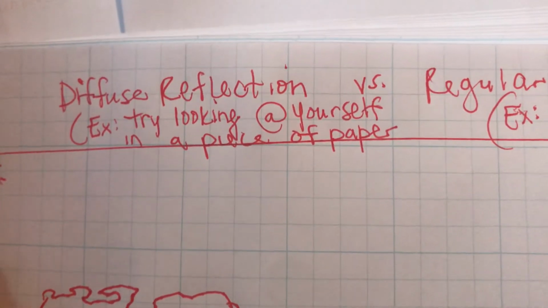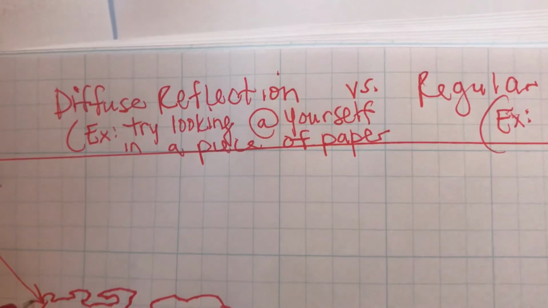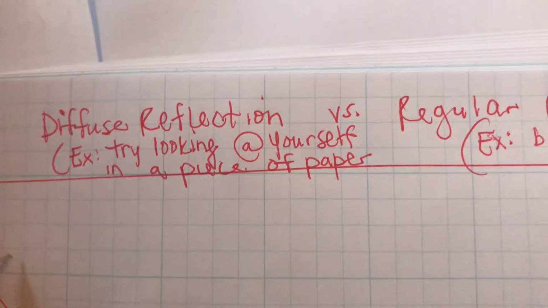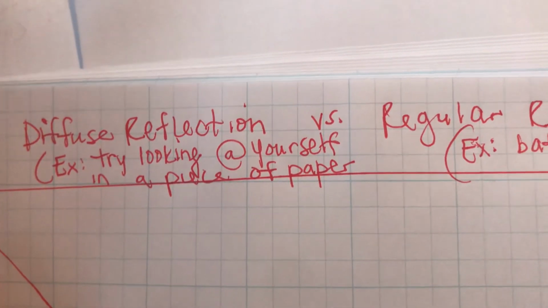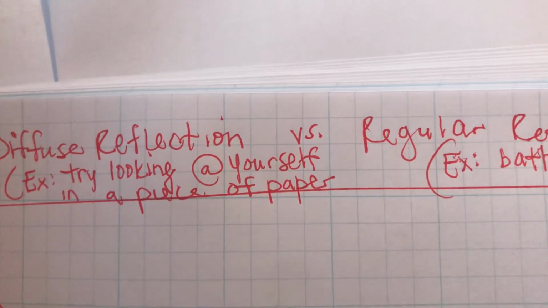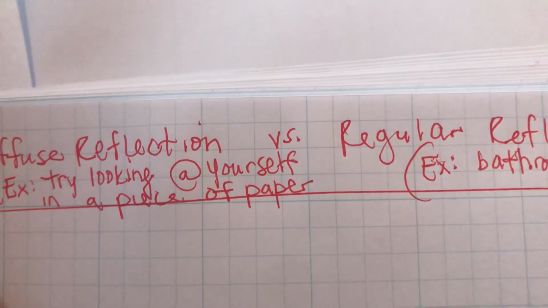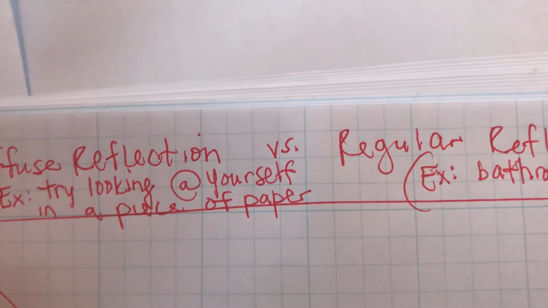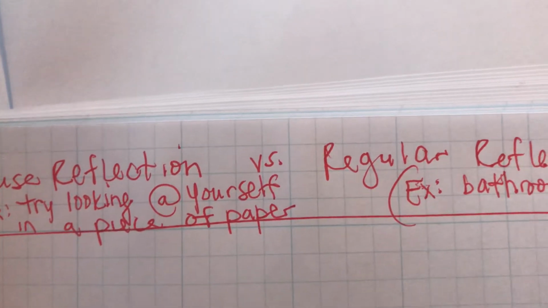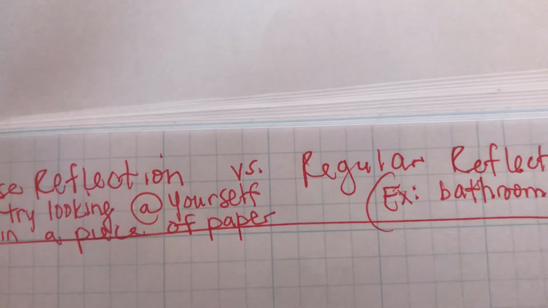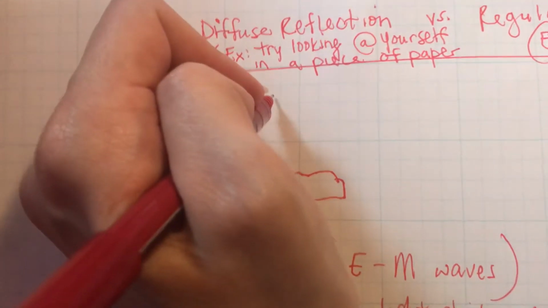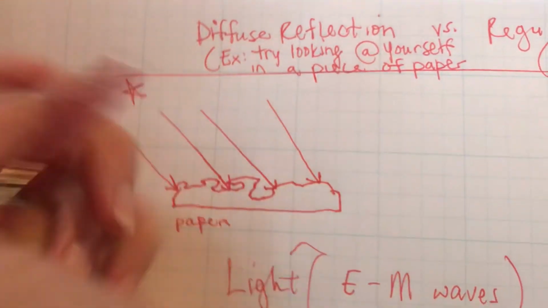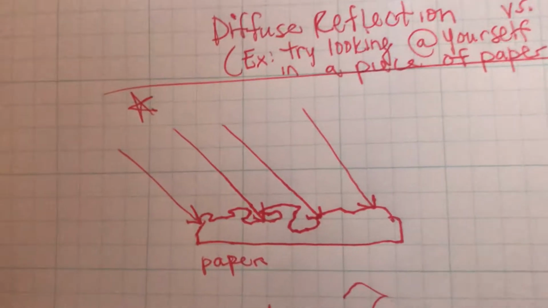So let's say we get these nice little light rays coming in. Okay, so let's say we just have these light rays like this striking the piece of paper.